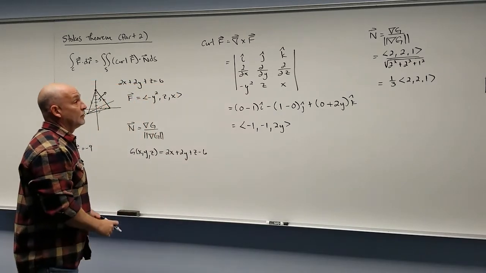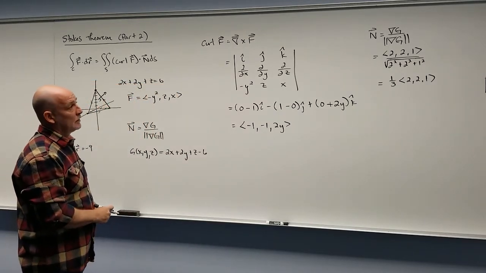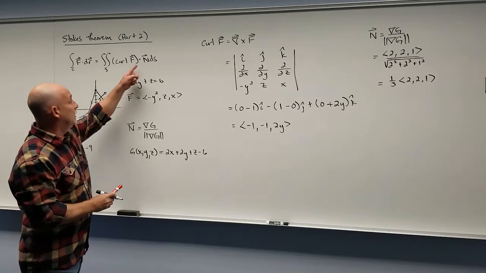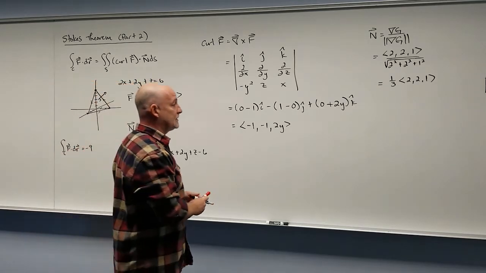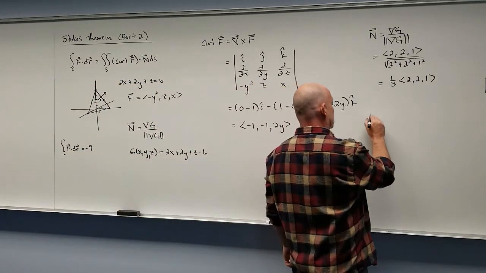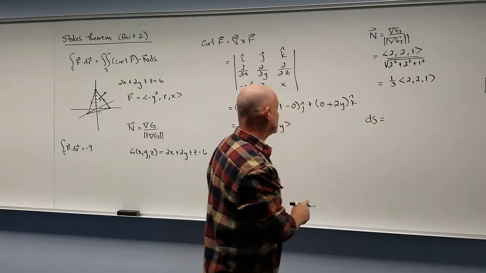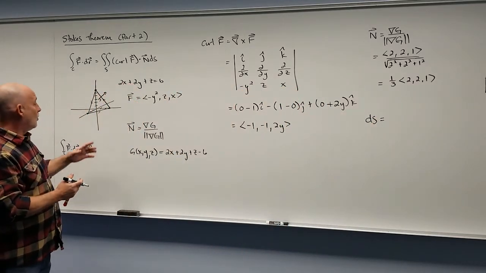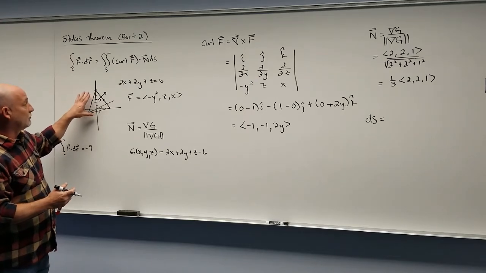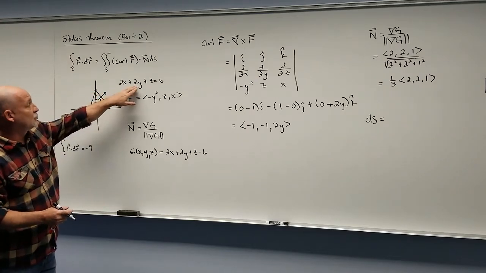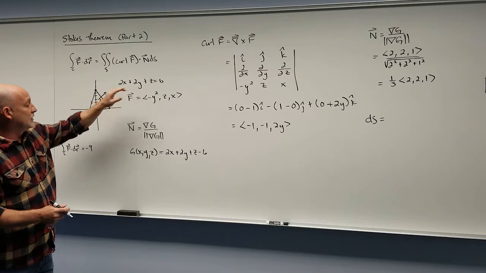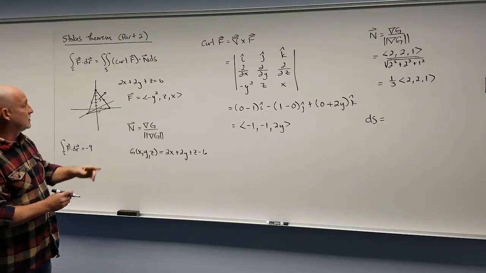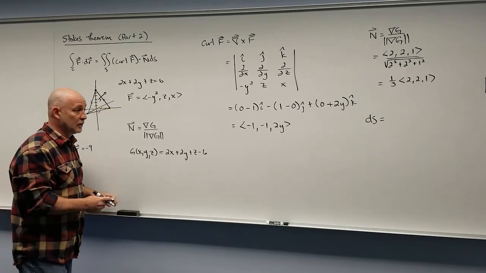Okay, so now that we figured out what n is, the last piece we need to do here is figure out what dS is. So dS is a small piece of the surface area. We need to decide when we do this which way we want to define our surface. Do we want to solve our equation for x, y, or z? Well, in this case, this would be easiest if we solve for z, so that's the way that I'm going to do it.